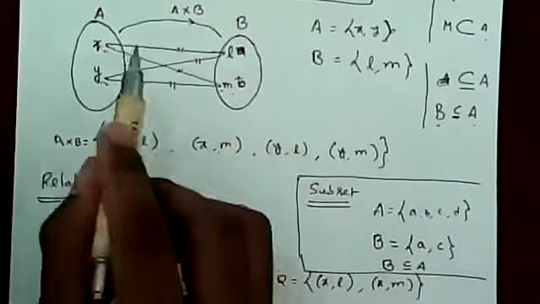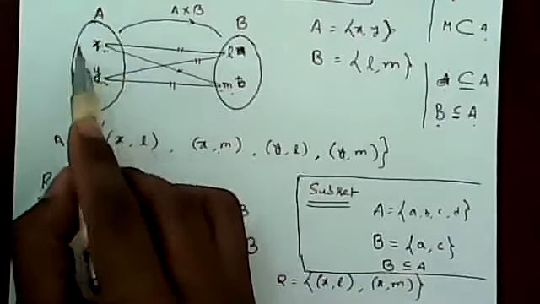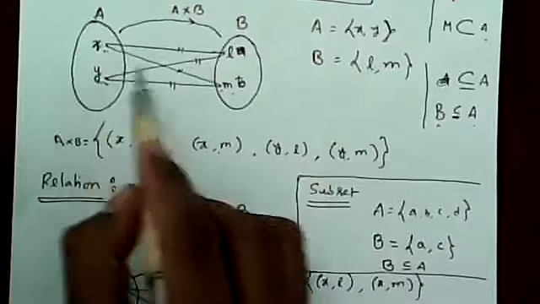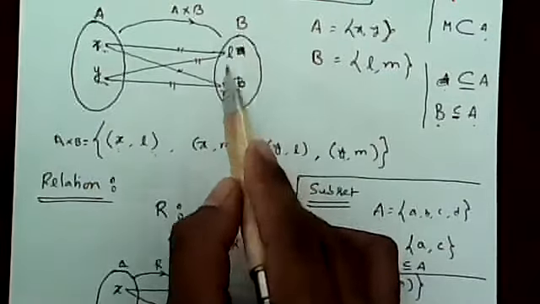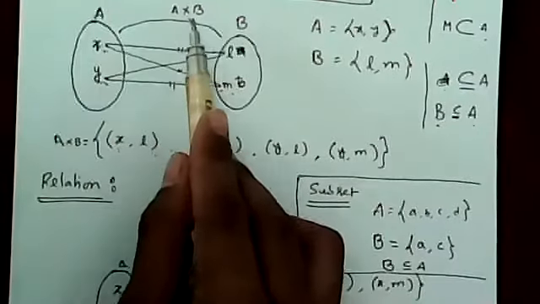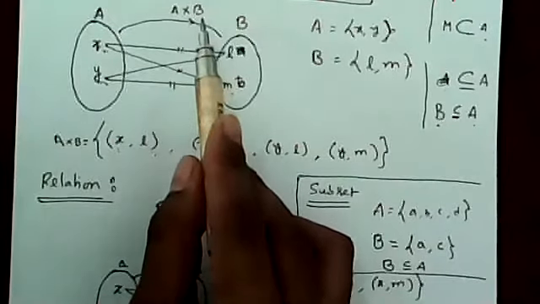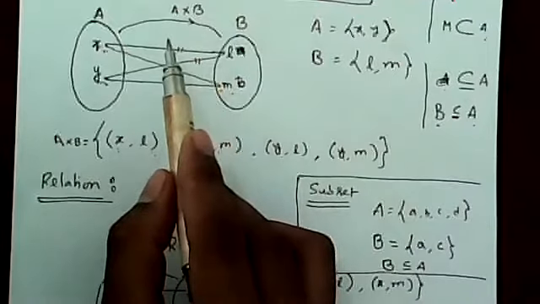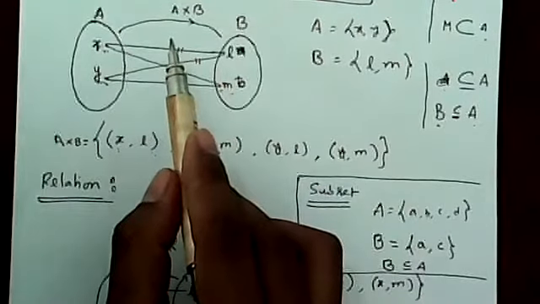In the last class, I considered A as the set of girls in my class, and B as the set of boys in my class. While defining the Cartesian product of A and B, I did not put any restrictions.